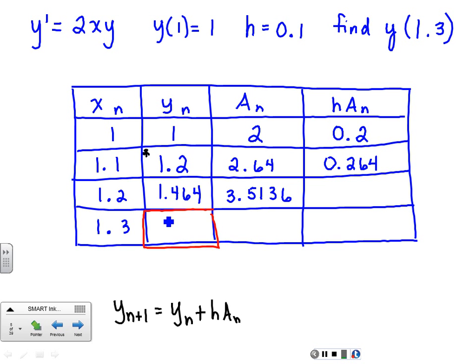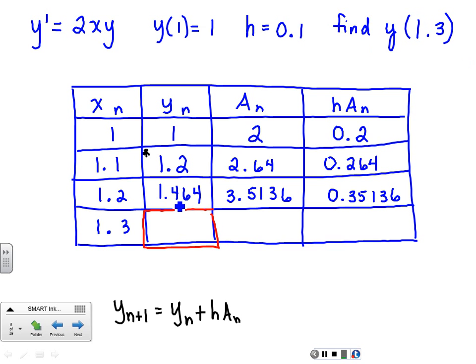So we're almost done. 3.5136 times the step size. So 3.5136 times 0.1 gives me this right here. So last time, and I'll have the answer to what I'm asked for right here. You're being asked for y of 1.3. So the last iteration we're through.